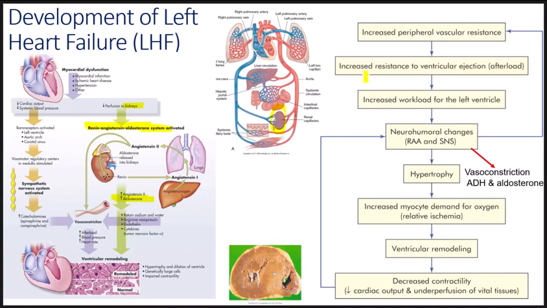Aldosterone is going to encourage our kidneys to hold on to more sodium instead of getting rid of it in the urine. If we hold on to more sodium in our blood, it means that water's going to want to follow. So we add more water to our blood, which means we're increasing our blood volume and increasing our pressure, which is really what our kidneys are trying to do.